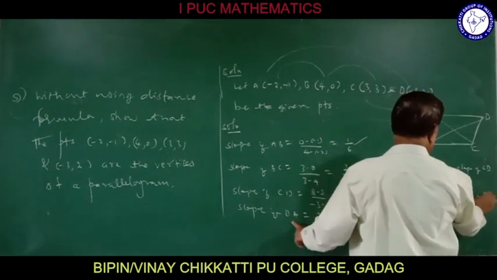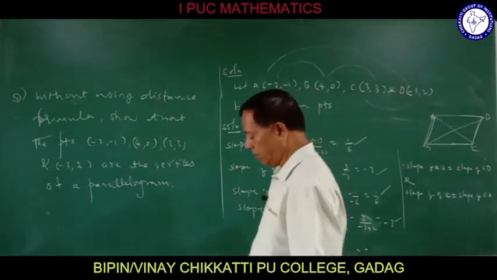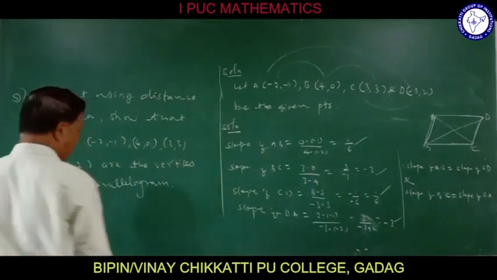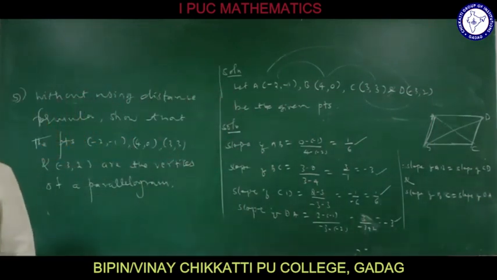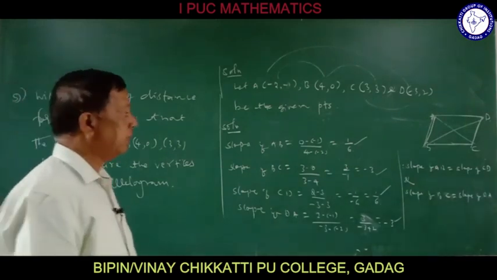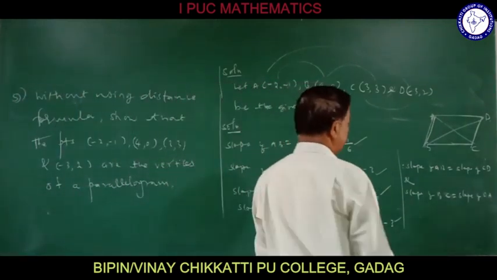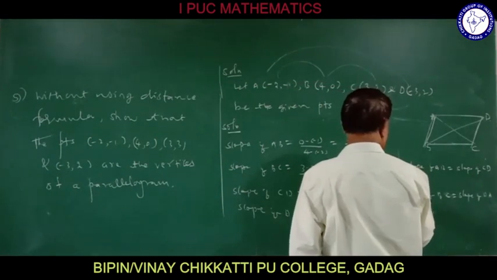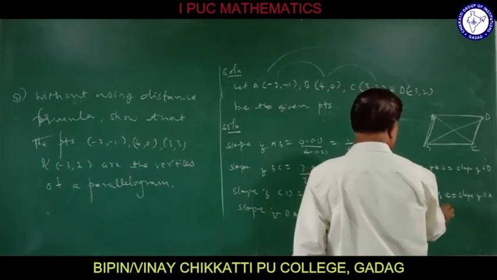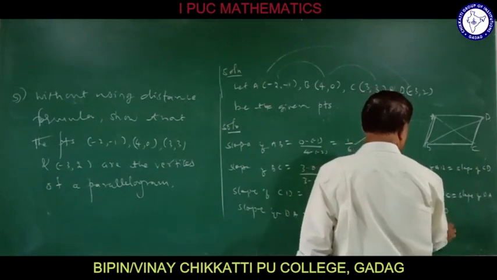Slope of DA means that in a quadrilateral, opposite sides are having the same slopes. Then ultimately you have to tell that ABCD is a parallelogram. Opposite sides of quadrilateral ABCD are parallel. This implies AB is parallel to CD and BC is parallel to DA.